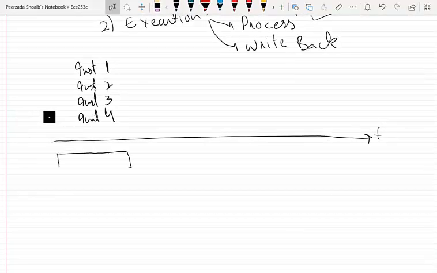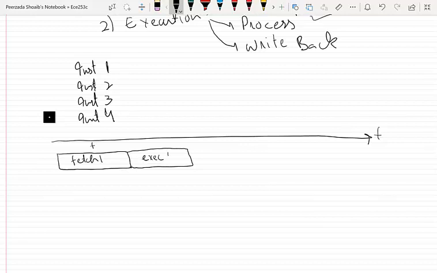I will call it fetch 1. Maybe in t seconds. T can be very small, it can be a microsecond, t seconds, and then this instruction will be executed. I will call it execute 1. The first instruction will be executed.